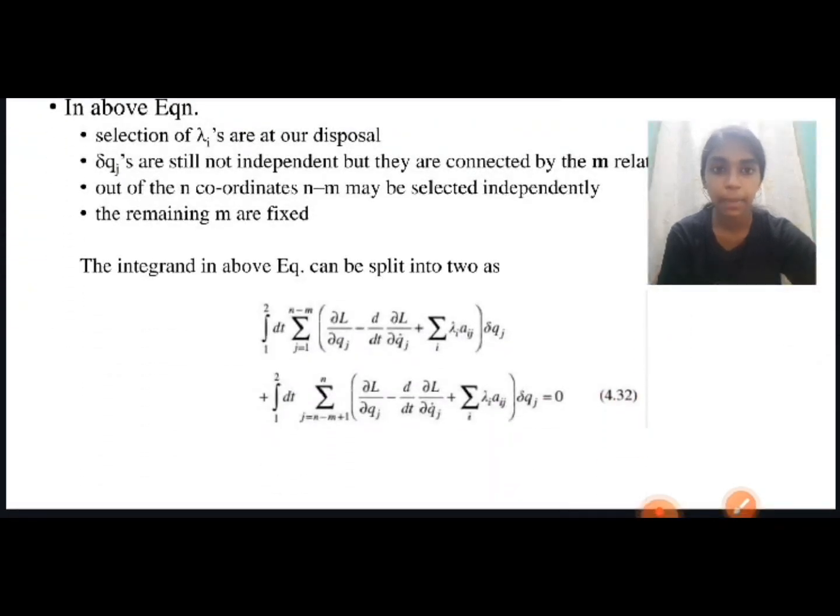The integrand in the above equation can be split into two: integration from 1 to 2 dt, summation of j equal to 1 to n minus m of ∂L/∂qj minus d/dt ∂L/∂q̇j plus summation over i of λi aij, times δqj, plus integration from 1 to 2 dt, summation of j equal to n minus m plus 1 till n of ∂L/∂qj minus d/dt ∂L/∂q̇j plus summation over i of λi aij, times δqj, is equal to 0.